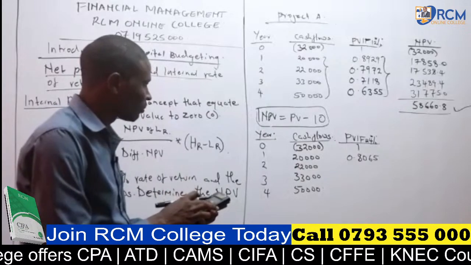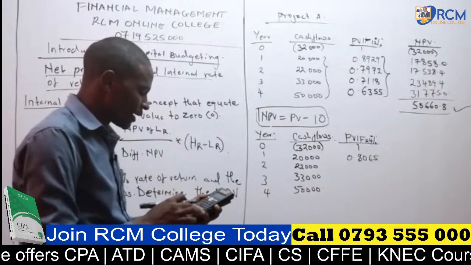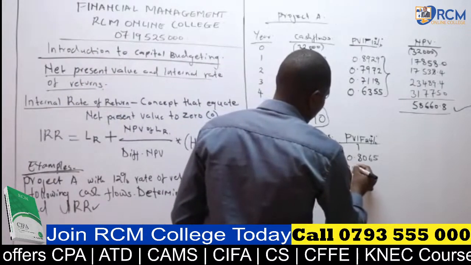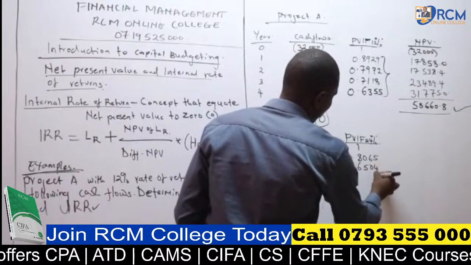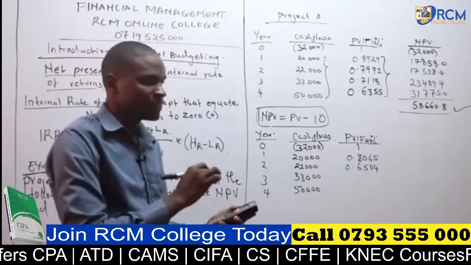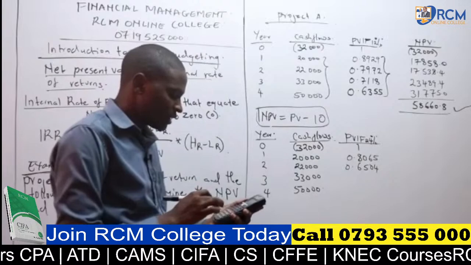For 22,000, I have 1.24 raised to power negative 2. That is 0.6504. Then I have year 3, 1.24. Remember, our rate is 24%. Raised to power negative 3.